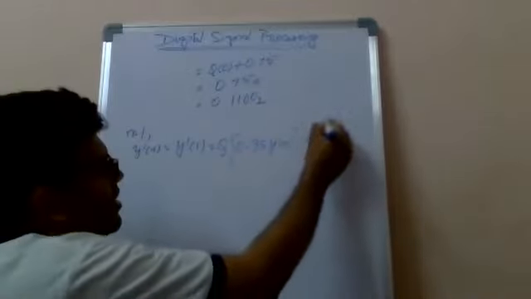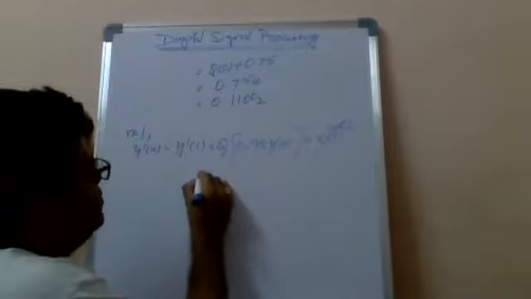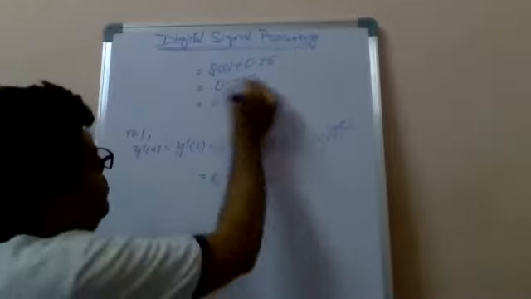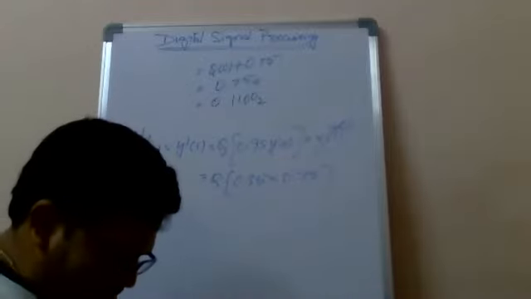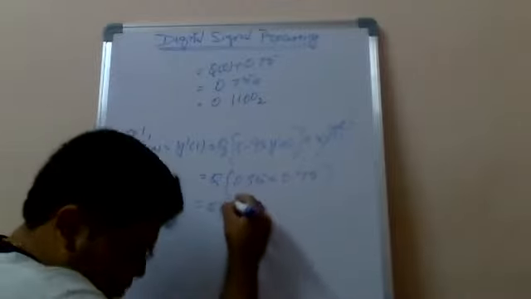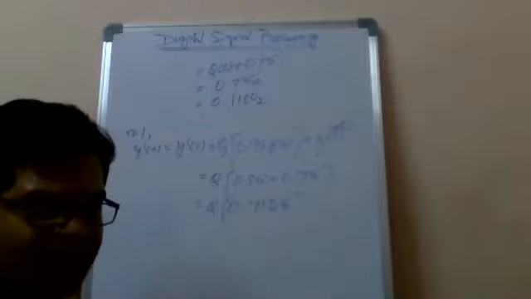For n not equal to 0, it is 0, so your x of 1 is 0. So this is equal to q of 0.95 into 0.75, right? So this is equal to q of 0.7125. Now convert it into binary and quantize it to 5 bits.